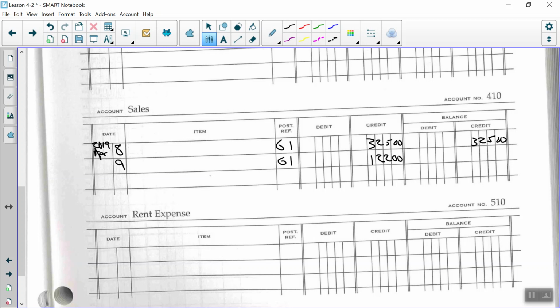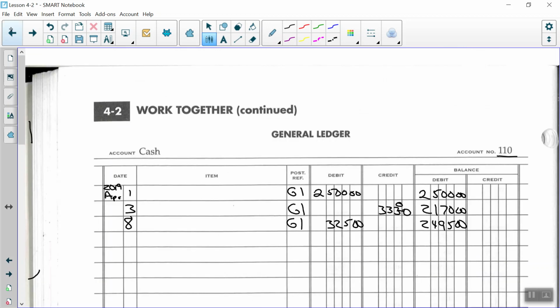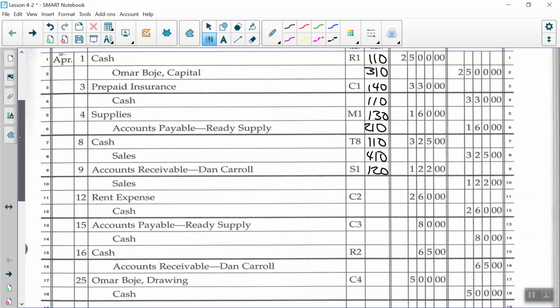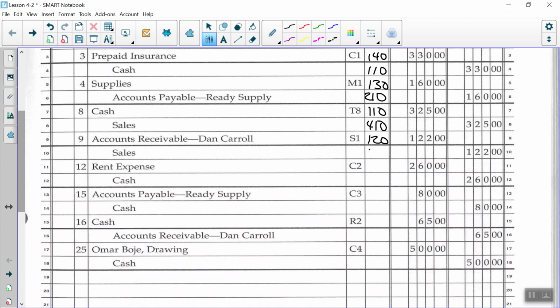Because they're the same, we add. Okay, so 325 plus 122. 447. Yep, 447. Okay. Then we go back to our general journal. And we're going to put 410 in the post reference.